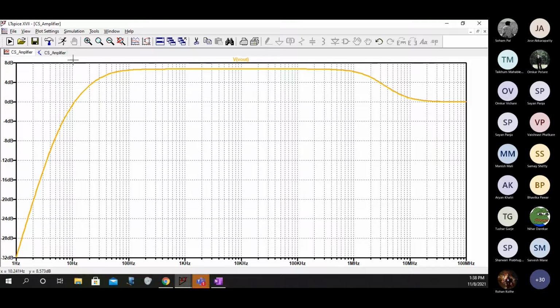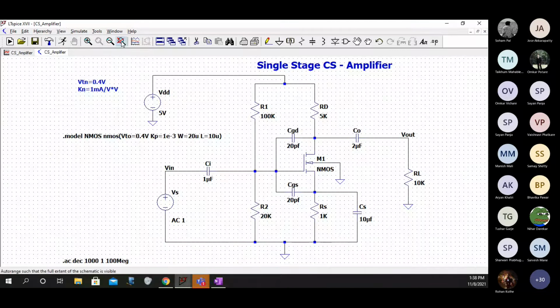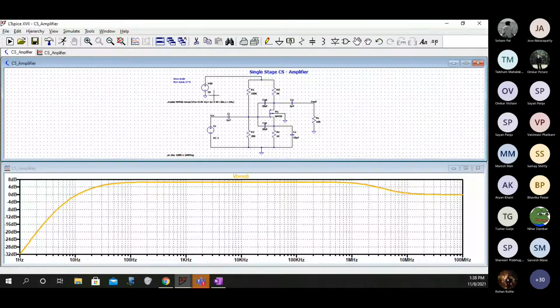So now my question to you all is, if the values of CGS increase, does the bandwidth increase or decrease? If the values of CGS and CGD increase, will the bandwidth increase or decrease?